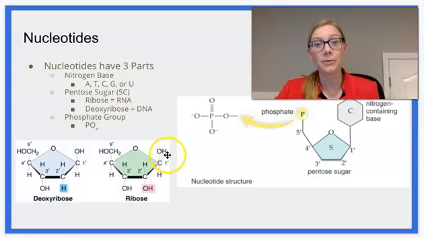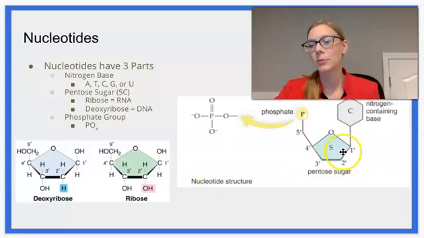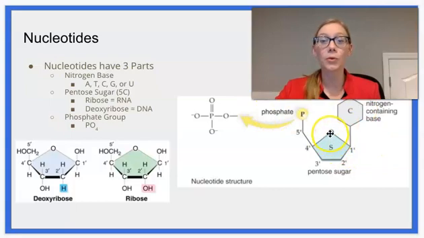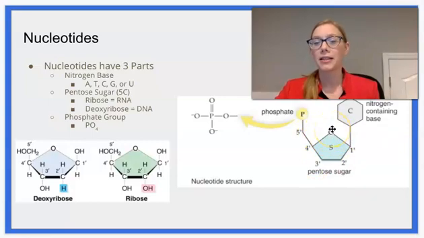We're going to label these carbons as we go around, and we always start in the same place. When we look at our pentose sugar, our nitrogen base, and our phosphate, it kind of looks like a house, with the oxygen at the top as the point of the house. The carbon where the nitrogen base comes off is always carbon 1. Then you go 2, 3, 4, and 5.